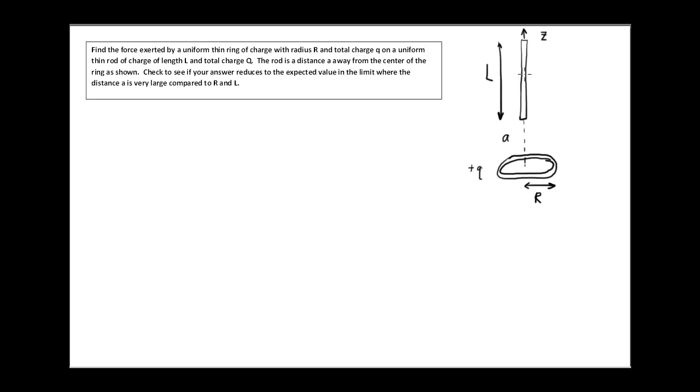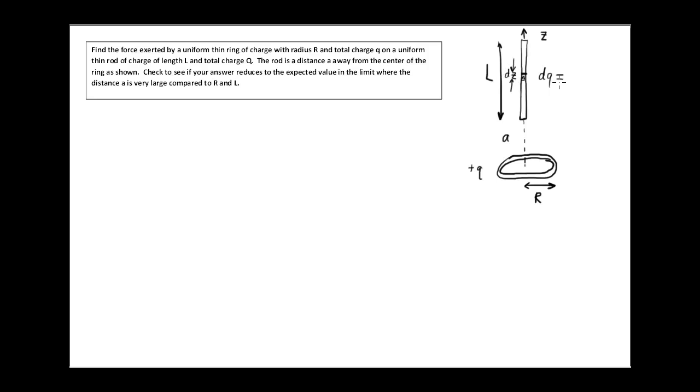As always, what we're going to do is divide one of these objects, and in this case we're going to divide up the rod into small pieces. When we do that, we'll say that there's a charge element dq on a little slice of that rod, and since it lies along the z direction, we will call the size of the element dz.